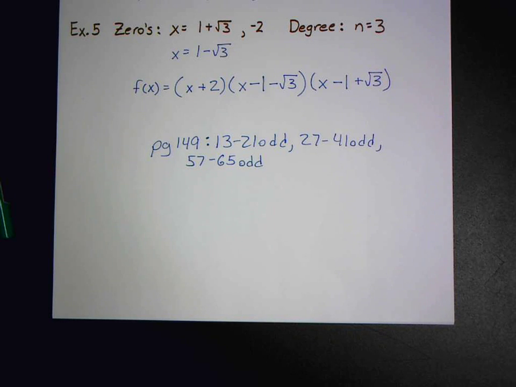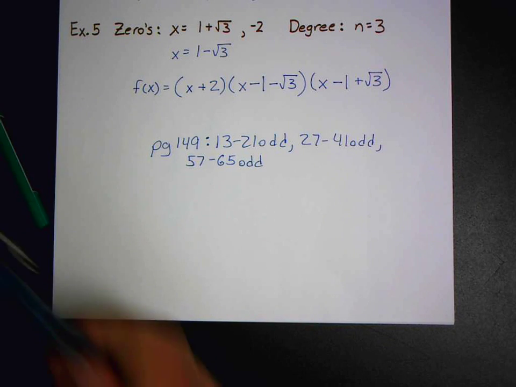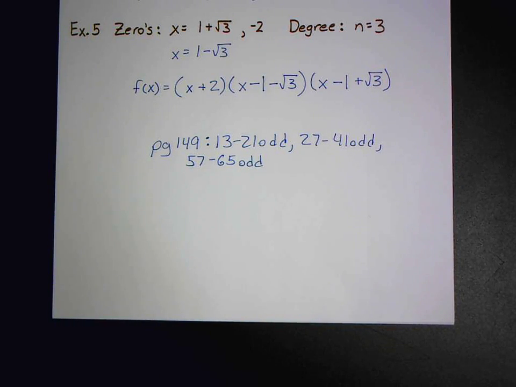Some of them were just simply, what's the end behavior? You could write the words, you can draw the arrows. Again, as long as you can identify what the end behavior is, it's fine.